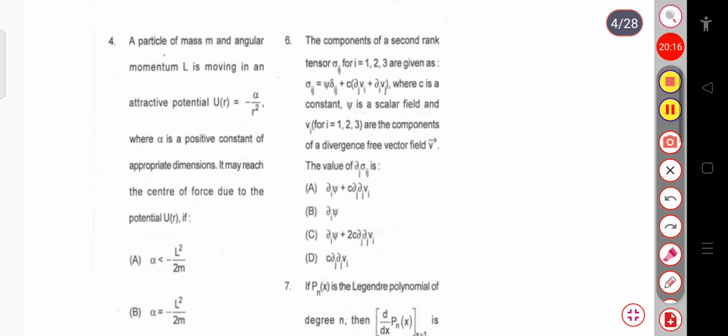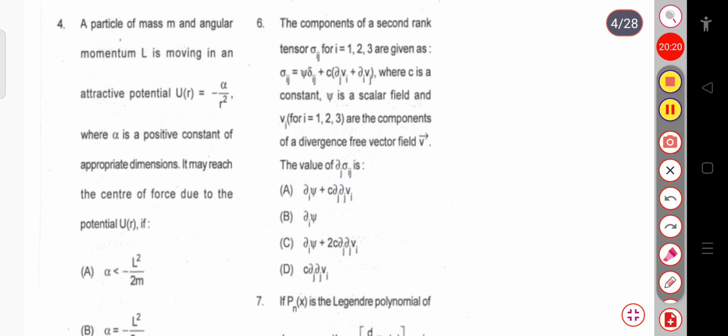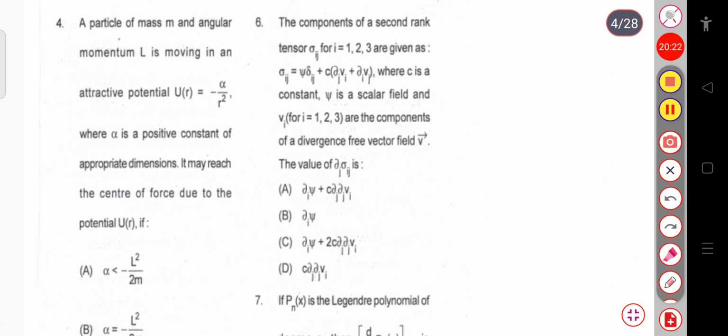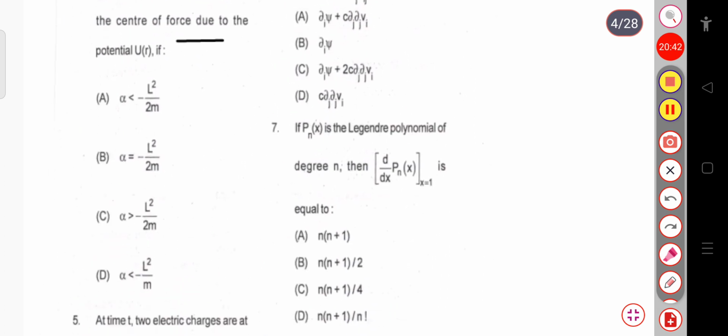The next question is, a particle of mass m and angular momentum L is moving in an attractive potential U of r equal to minus alpha by r square, where alpha is a positive constant of appropriate dimensions. It may reach the center of force due to the potential U of r if the options are: alpha less than minus L square by 2m, alpha equal to minus L square by 2m, alpha greater than minus L square by 2m, or alpha less than minus L square by m.